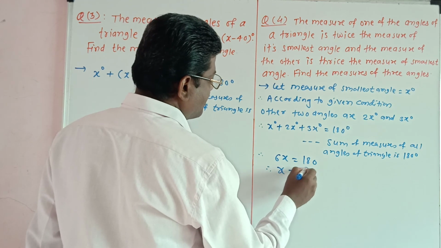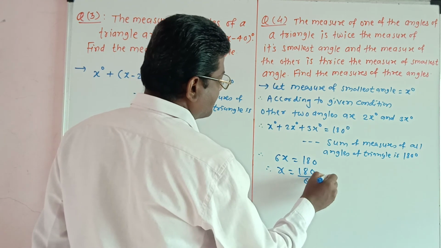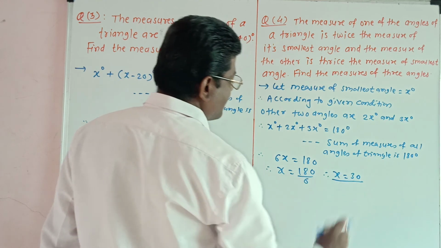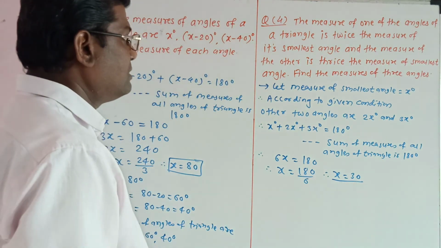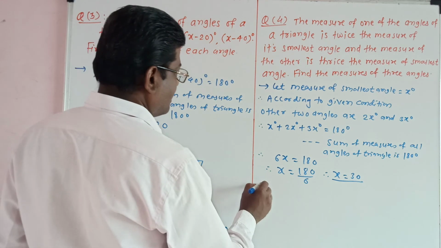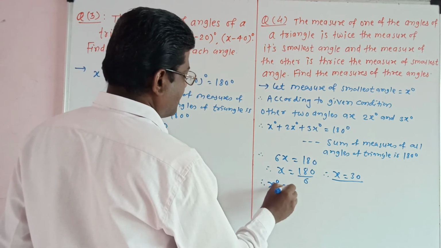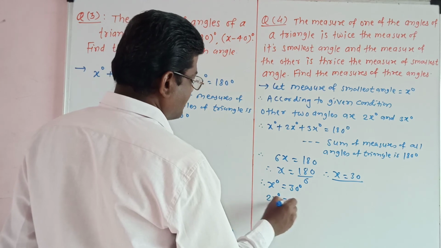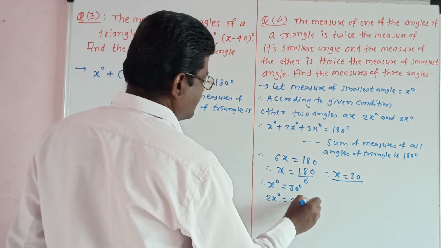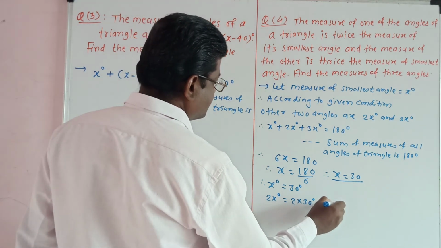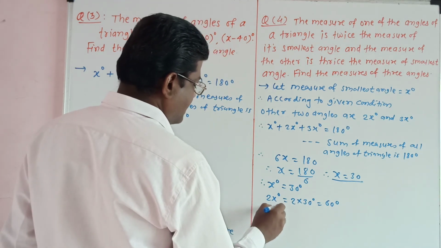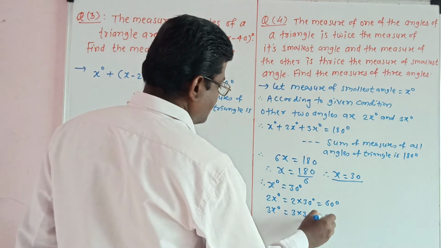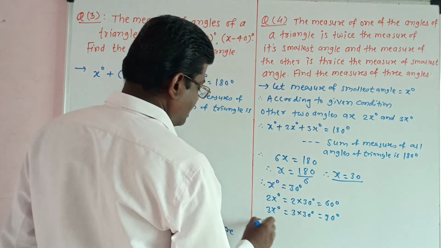Therefore, x is equal to 180 upon 6. Therefore, x is equal to 30. x degree is equal to 30 degree. 2x degree is equal to 2 into 30 degree is equal to 60 degree. 3x degree is equal to 3 into 30 degree is equal to 90 degree.